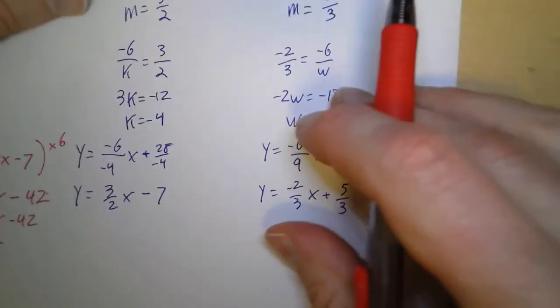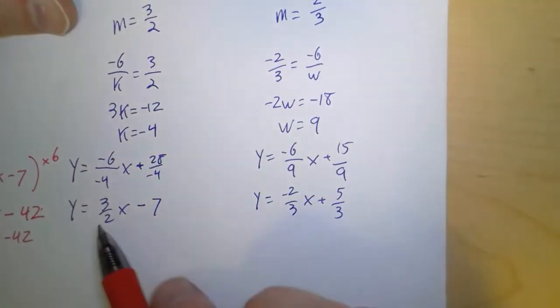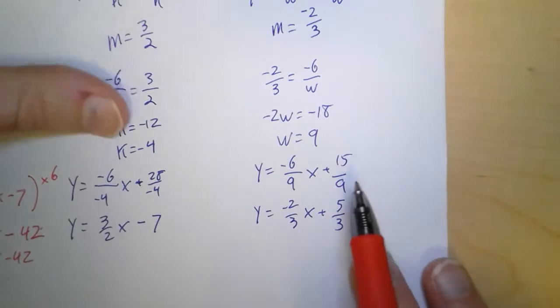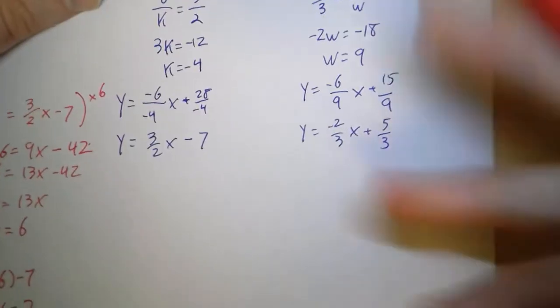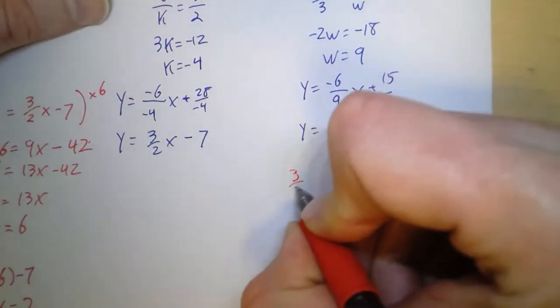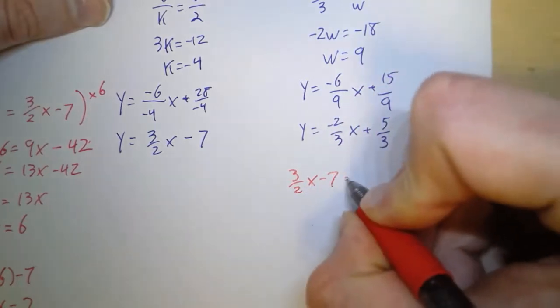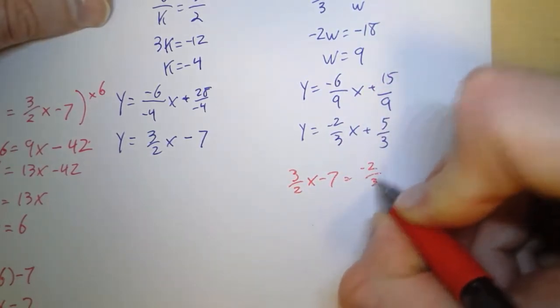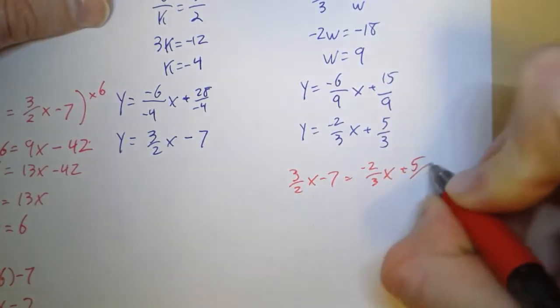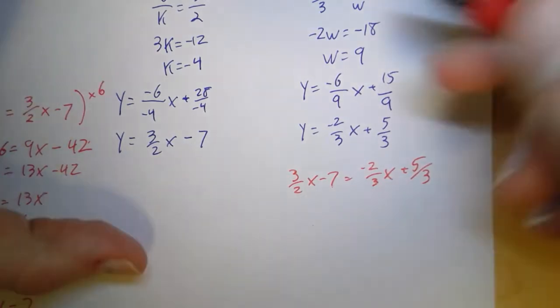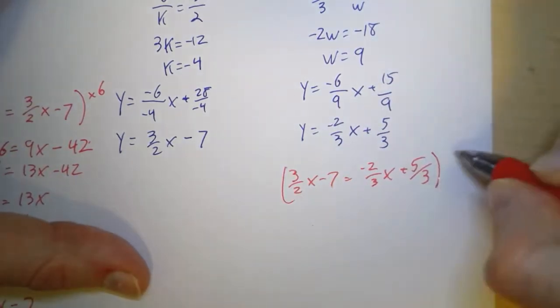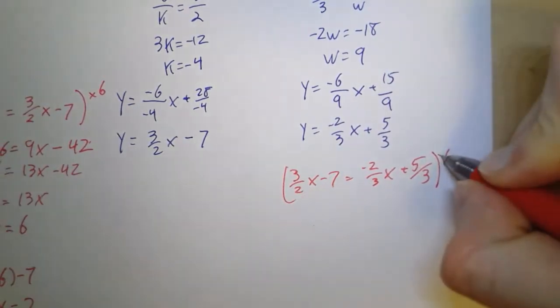But I need to do the same work over here. I need to set these two equations equal to each other. So we set 3/2 x minus 7 equal to negative 2/3 x plus 5/3. Same thing, we're going to multiply this equation by 6.